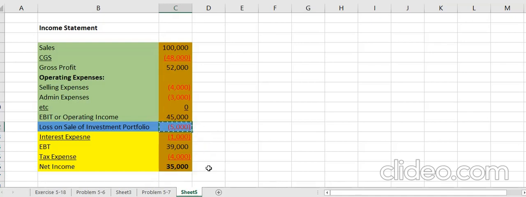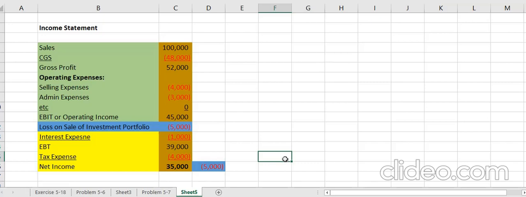Remember this thing. Now, what is this 5,000? Is it operating? No, it's not operating. It's a non-operating loss. So it's not a revenue, it's kind of an expense loss.